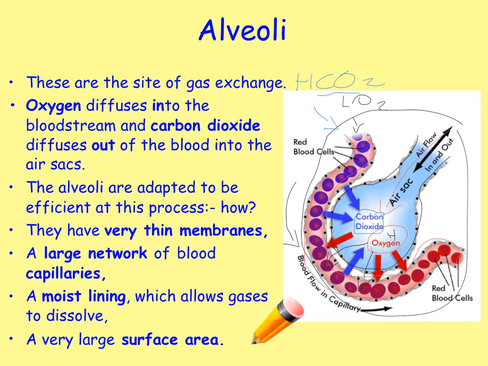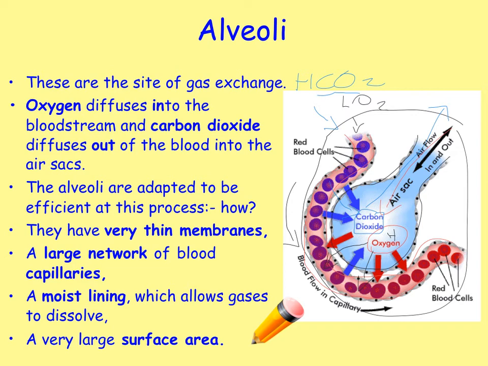So the carbon dioxide will diffuse out of the blood into the air sac, and from there it will move back out through all those tubes and out into the surrounding air. So that is the process known as gas exchange. Oxygen diffuses into the bloodstream and carbon dioxide diffuses out of the bloodstream into the air sacs.